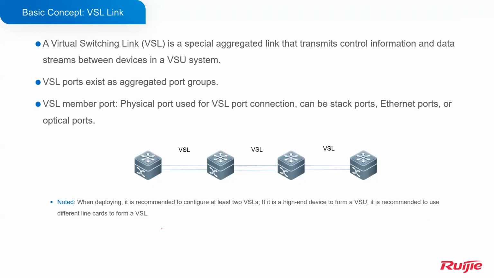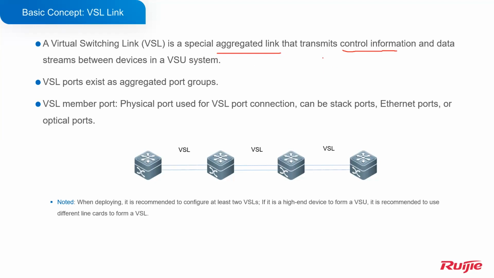And the next concept is the VSL link. Between two switches, or maybe more than two switches, 3 or 4 switches, how do they connect with each other? We will use a special link, and this link will be added to become the VSL link. And this VSL link is a special aggregated link. On this link, usually we will transfer some control information, and you can also transfer some data messages between them.